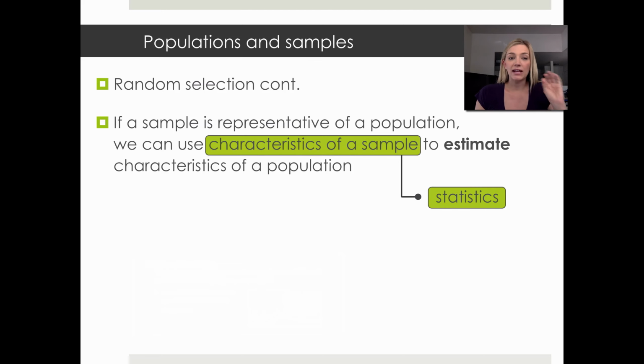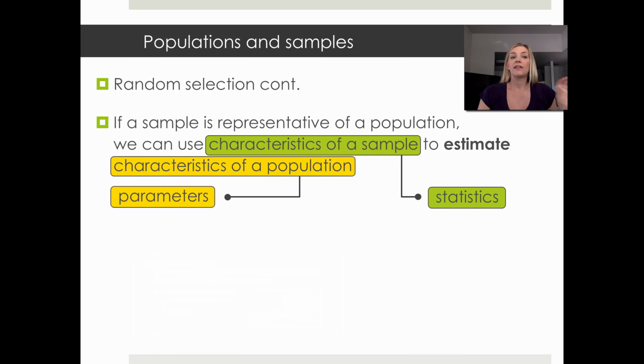But whenever we have a number that describes an entire population, that number is referred to as a parameter. So you're going to hear these 2 words from me throughout this entire course: parameters and statistics. And generally, when I say statistics, I'm referring to information about a sample, about the participants in our study. And when I say parameters, I'm referring to information about the entire population as a whole.